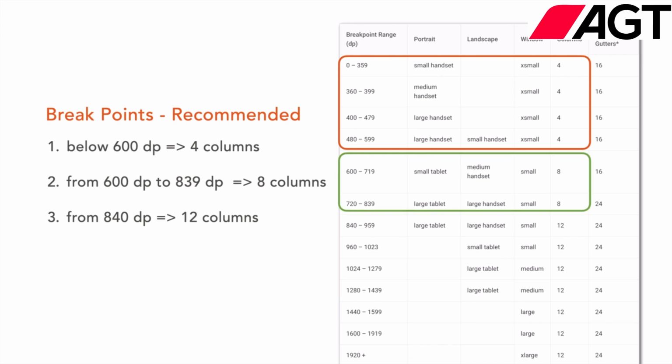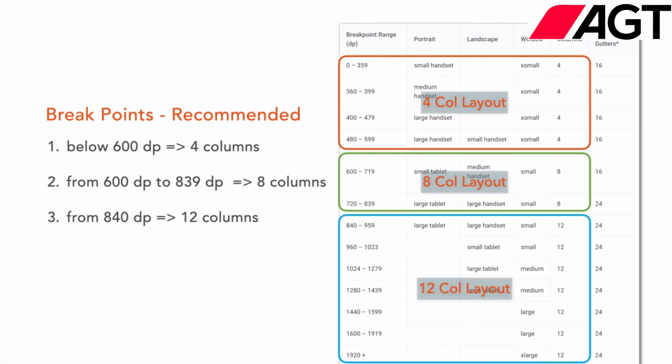So here we have like a detailed guideline. You can check out the material.io website table to understand it better, but the gist of it is that you can have the grid containing 4 columns for a small layout, and you can divide your medium screen into an 8 column grid, and your large screen into a 12 column grid.